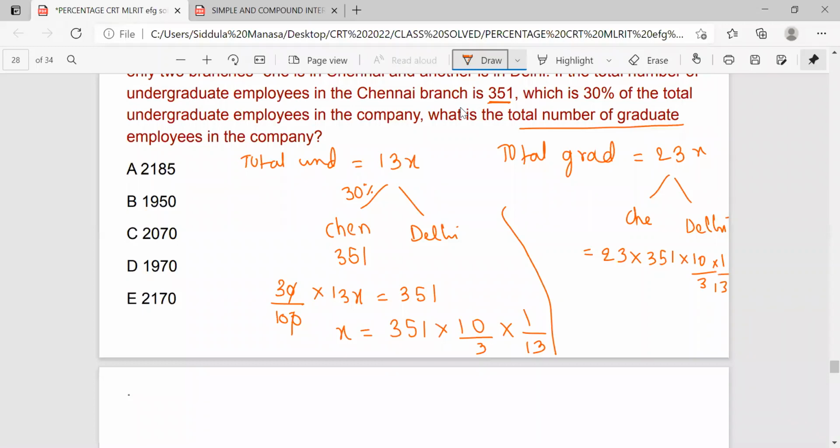So 13 sevens are 91 and 3 nines are 27. So 23 into 90. So what we are going to get? 9 threes are 27, 9 twos are 18 plus 2, 20, followed by 0. So 2070 is the total number of graduates.